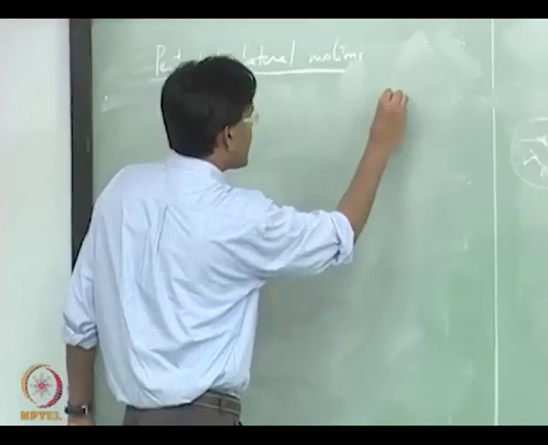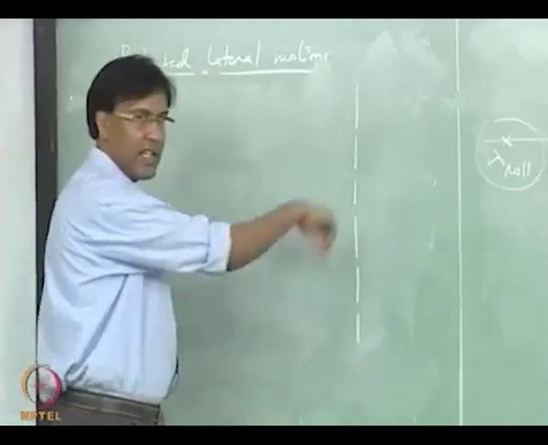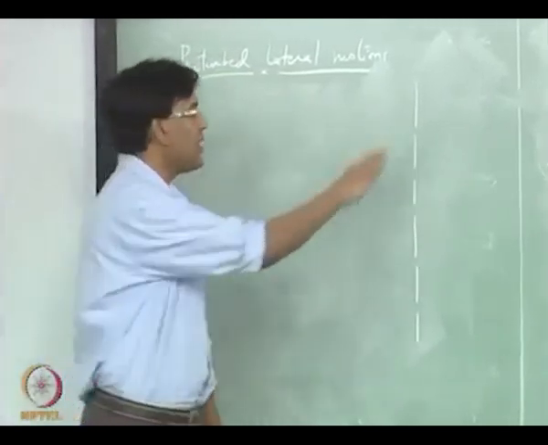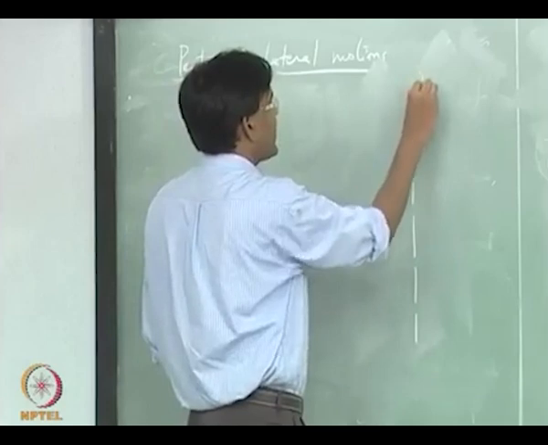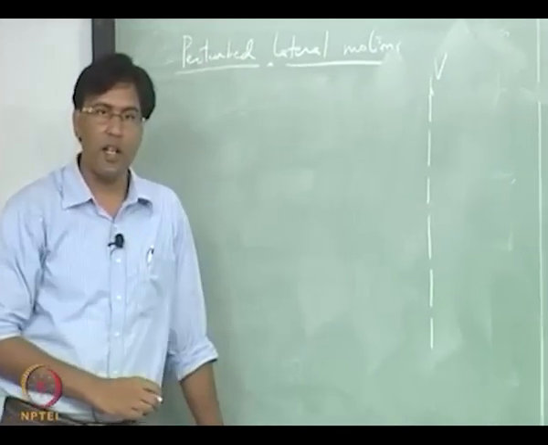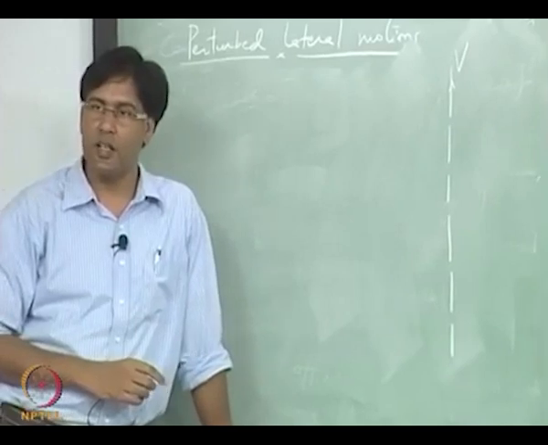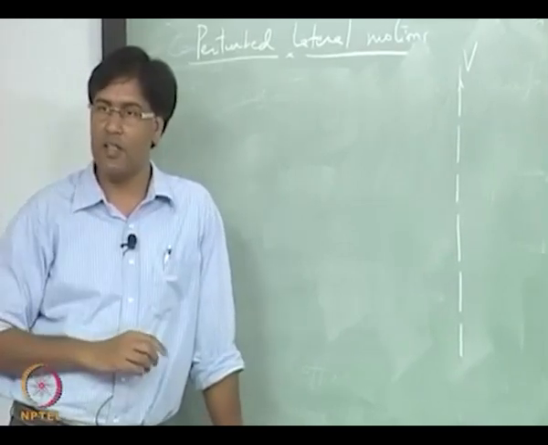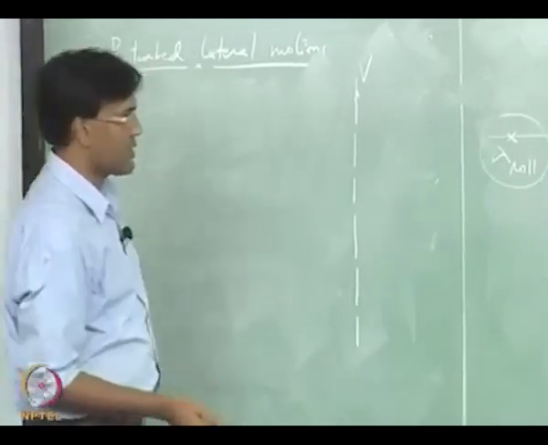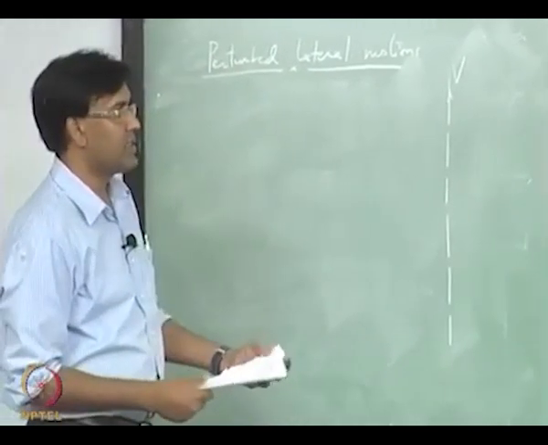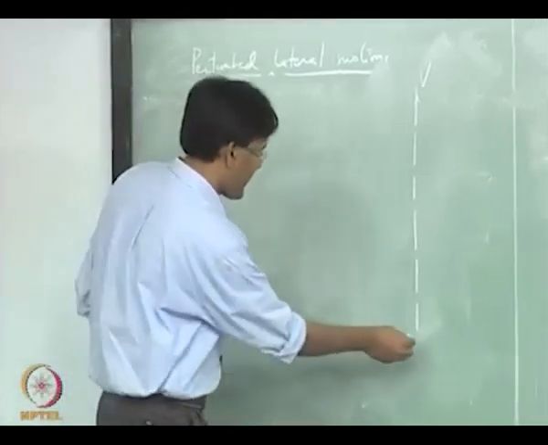You are flying at some altitude along this line with the velocity vector in this direction, flying level. So altitude is fixed, wings are level. So let us see what happens with respect to some of the parameters that we have seen earlier.